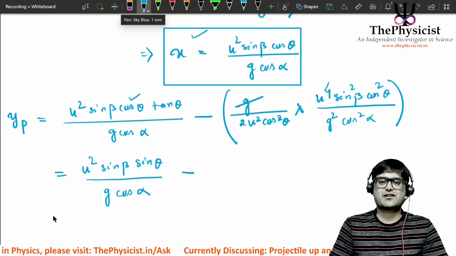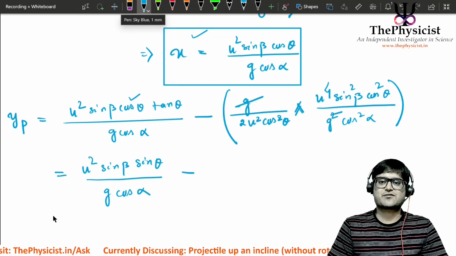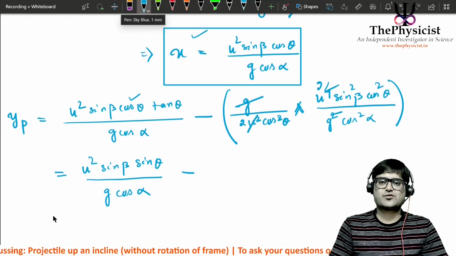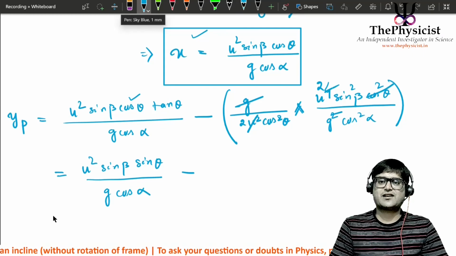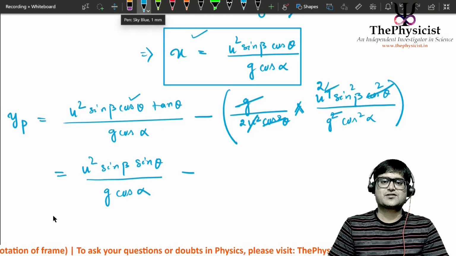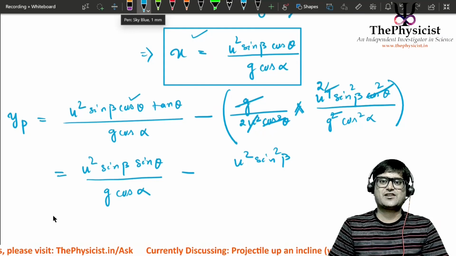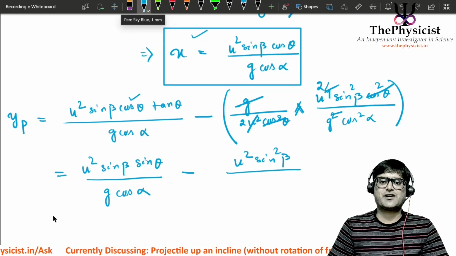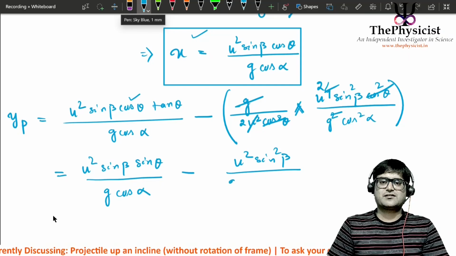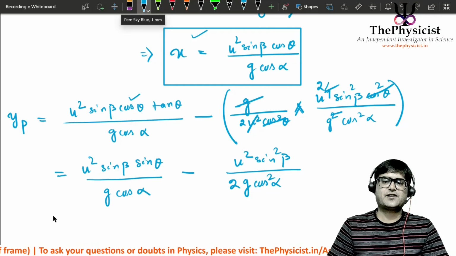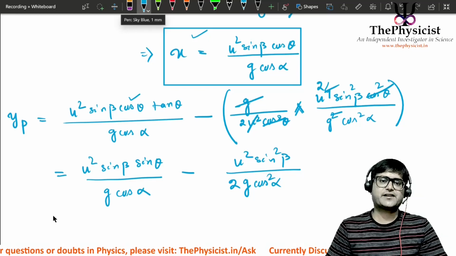So inside the bracket, a lot of things are going to change. G will cancel one part of g there. So u squared will cancel two powers here. Cos squared theta would totally be cancelled. So what I have now is u squared sine squared beta divided by 2g cos squared alpha, right?